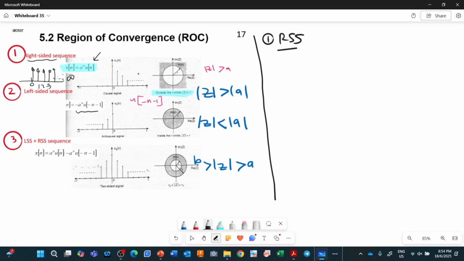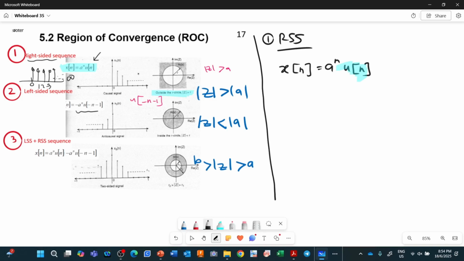RSS. Okay, so it's given by x[n] equivalent to a^n u[n]. Basically, we are going to look at this one only. I'm not going to prove it yet. I'm looking only at the u[n] value that you have.